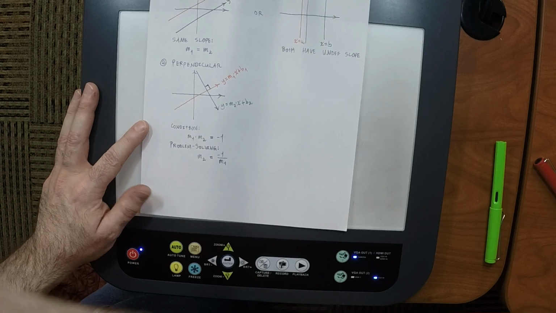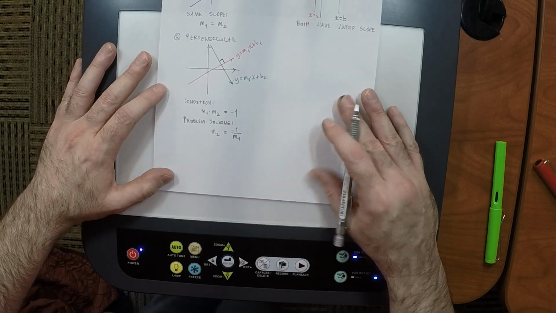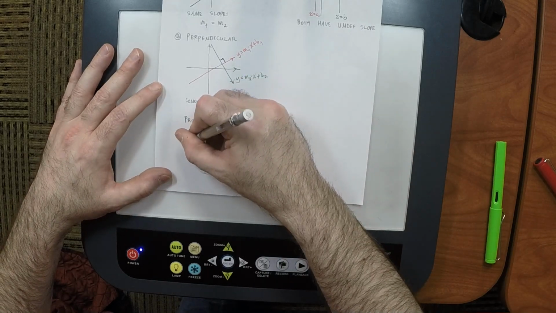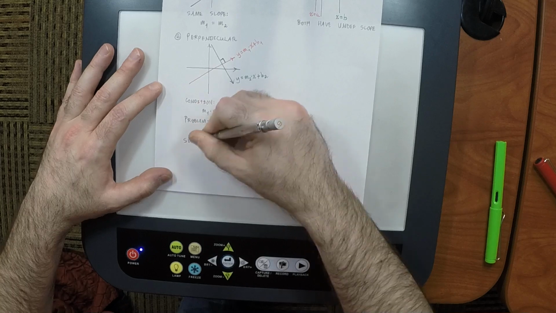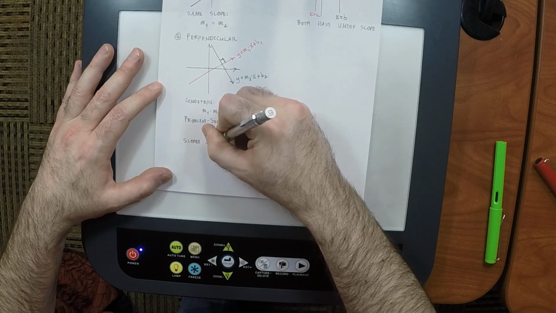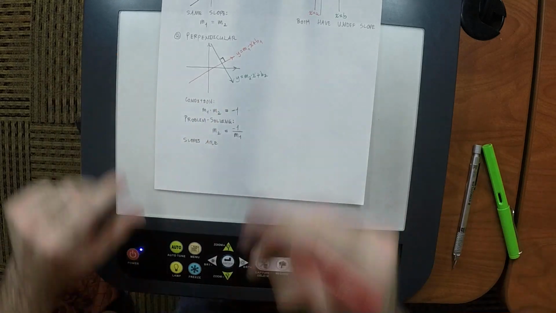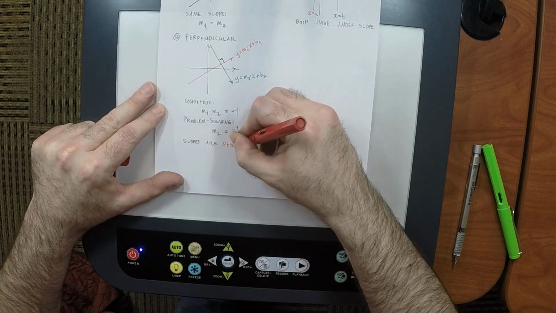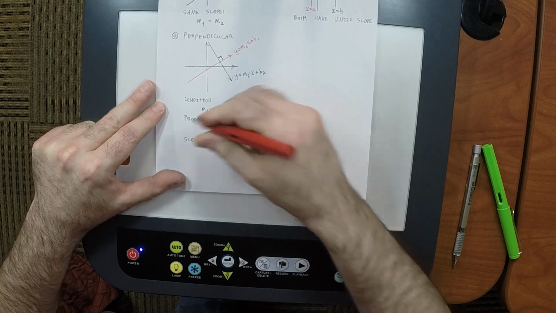And so in language, what's typically said is that the slopes are negative reciprocals.